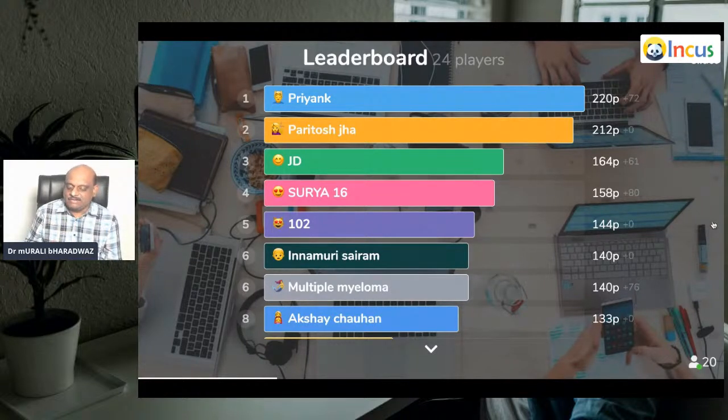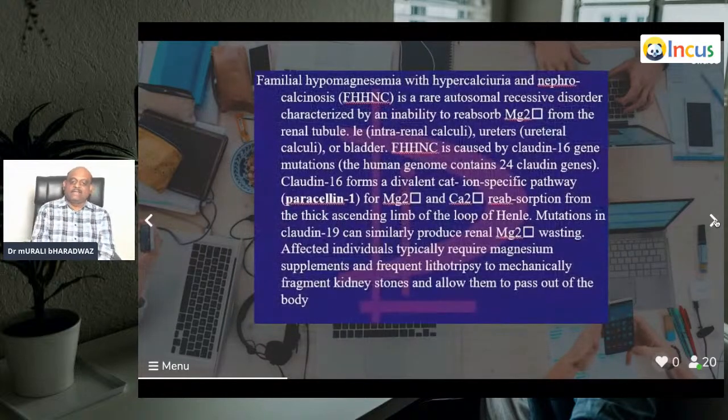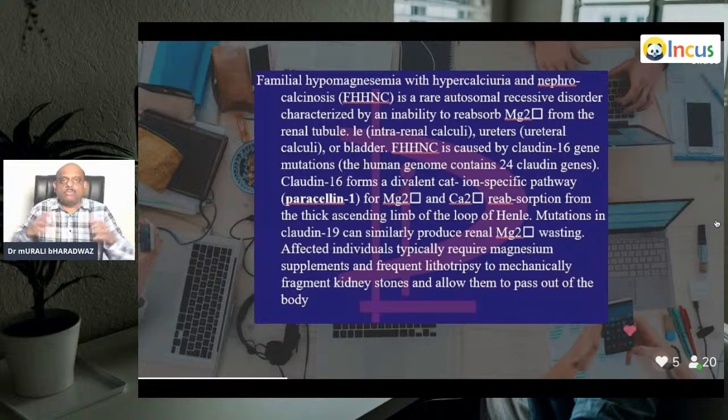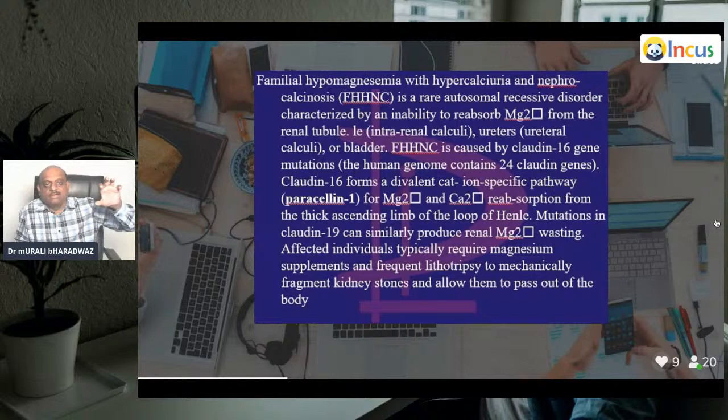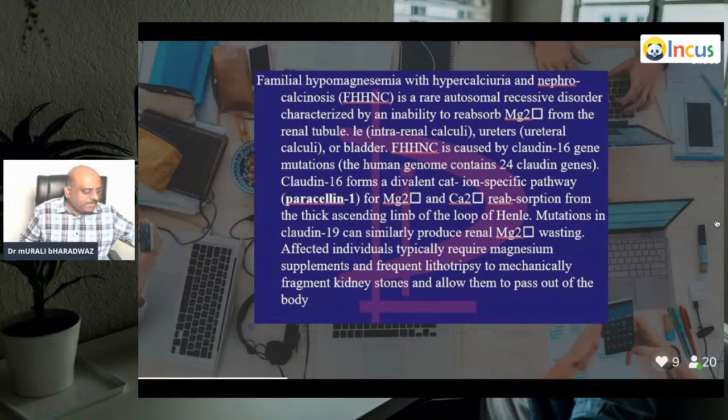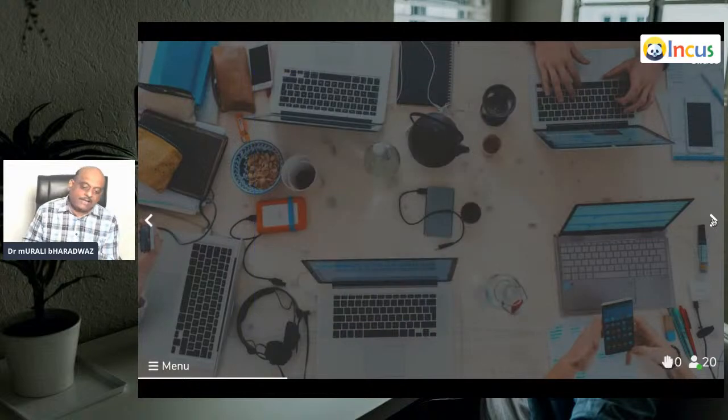Familial hypomagnesemia with hypercalciuria and nephrocalcinosis is an autosomal recessive disorder with the inability to reabsorb magnesium, losing the magnesium into the urine, leading to renal calculi. It is the claudin 16 and 19 mutation which is responsible for this renal magnesium wasting, is what you need to appreciate.